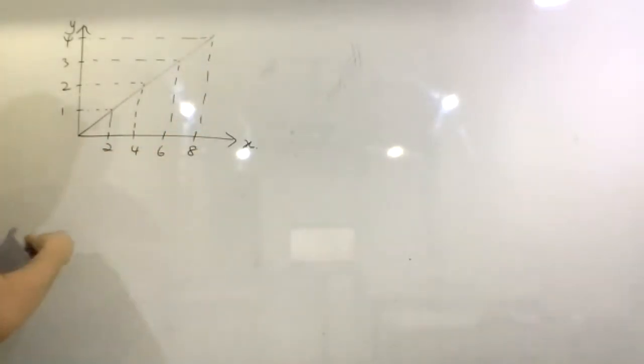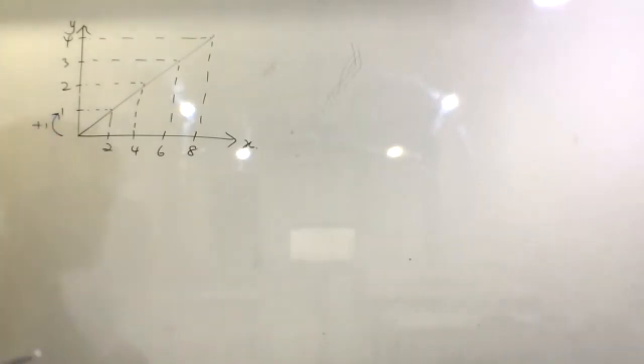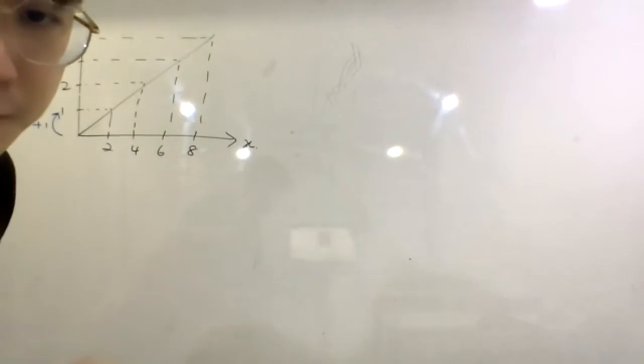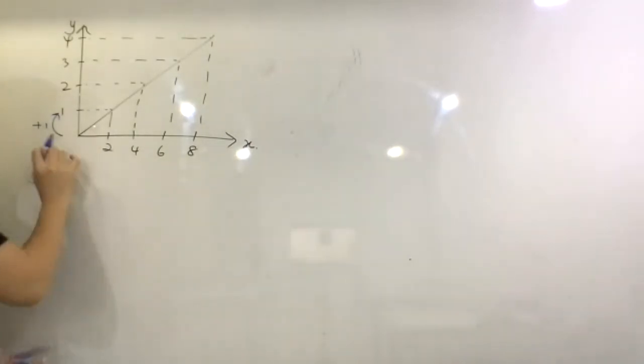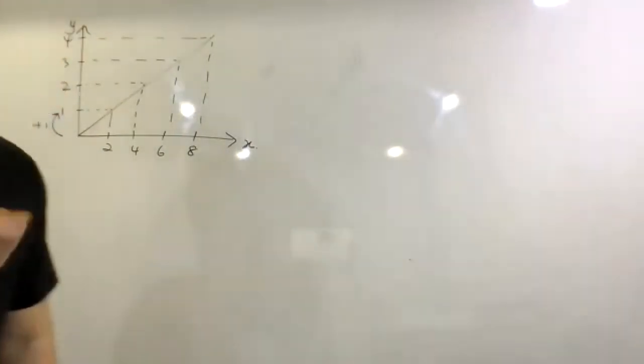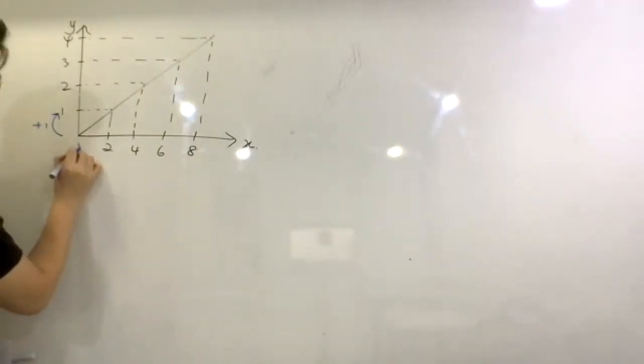If I go from here to here, plus 1. Yes, I see some answers. X increases, Y increases, correct. But if I want to make it complete, X increases as Y increases, and they increase at the same rate. This one plus 1, this one plus 2.